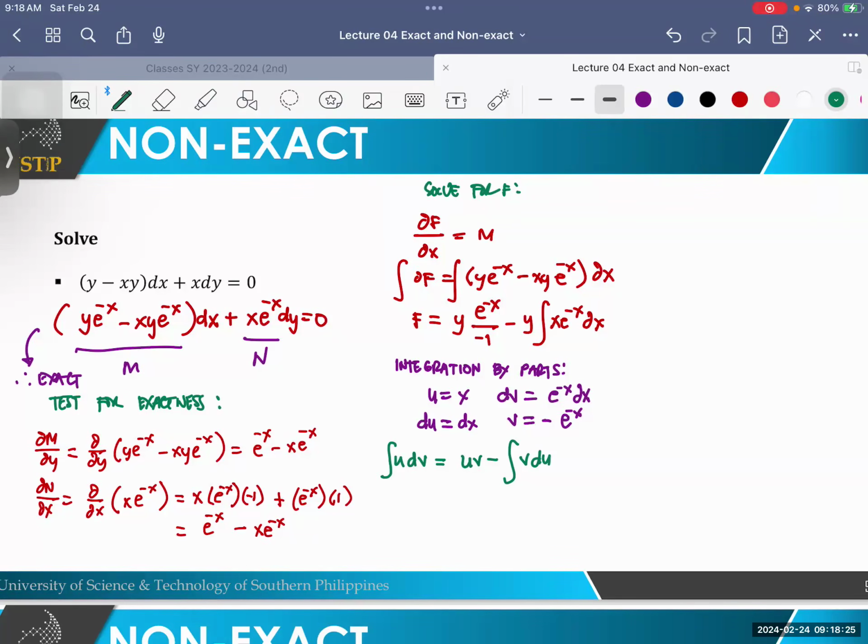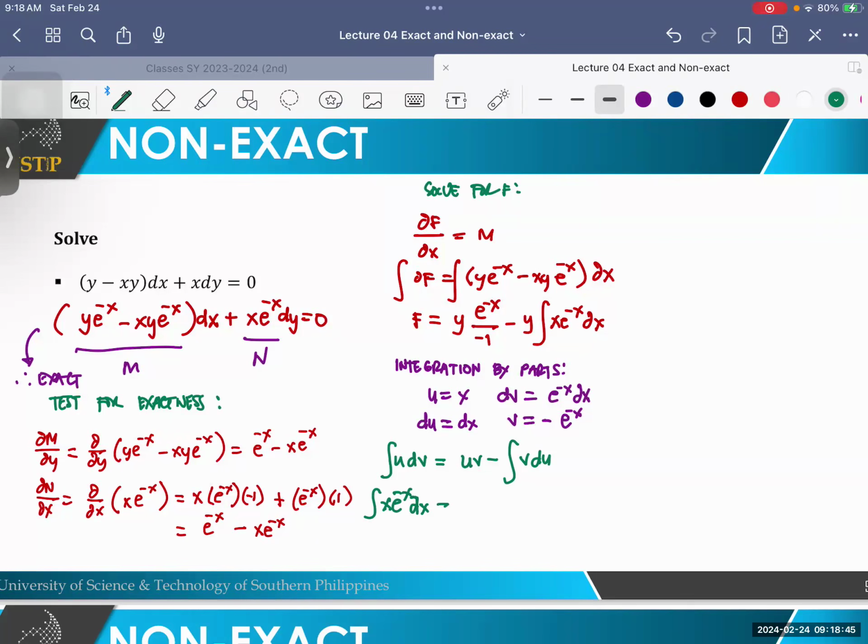Okay? So remember this from integration by parts in Calculus 2. So if we rewrite it, that will become the integral of x e to the negative x dx. No need to write it as partial, since both are functions of x.